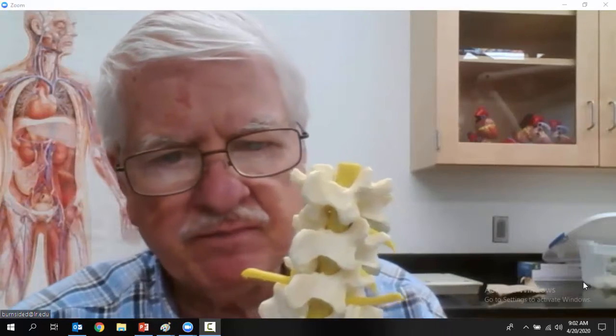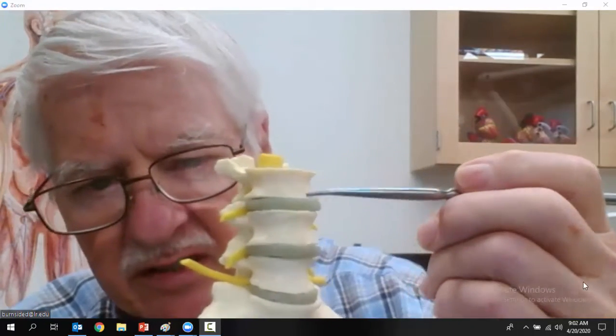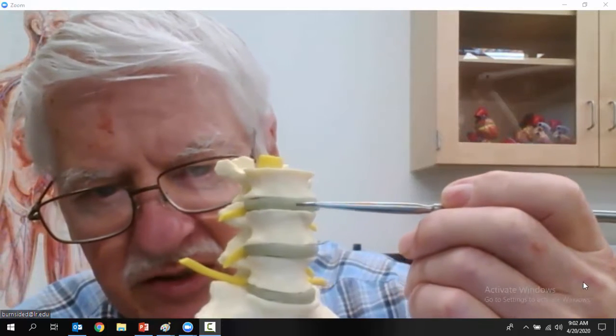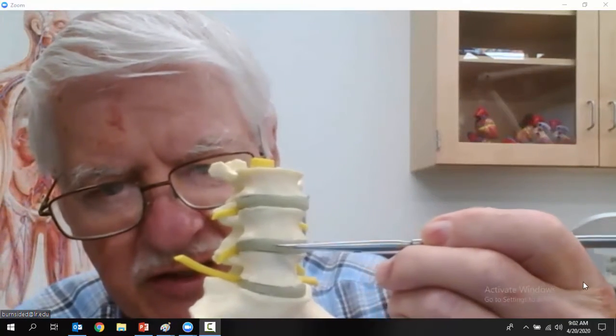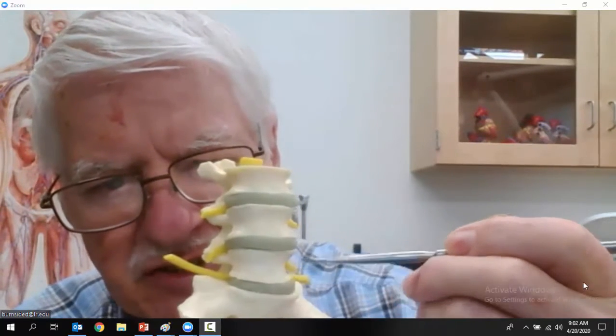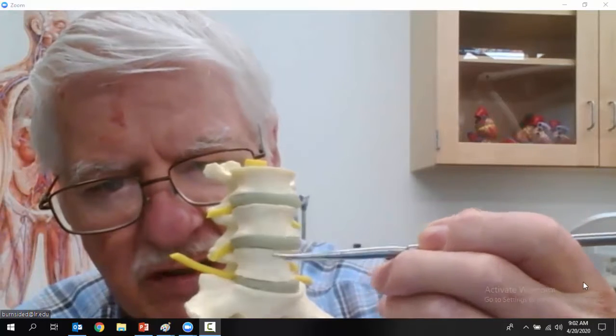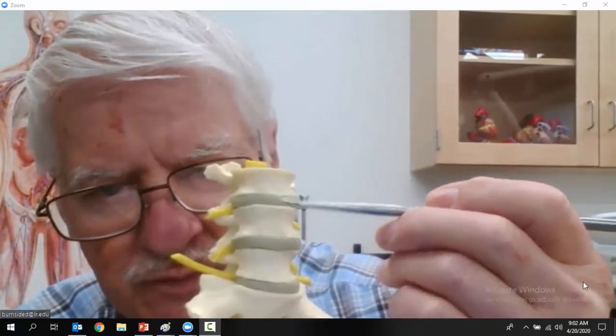Also, another thing you can see on here that I think you need to know is these are your discs. See these gray things? Those are vertebral discs. They're between two of the vertebrae. See that? Okay.